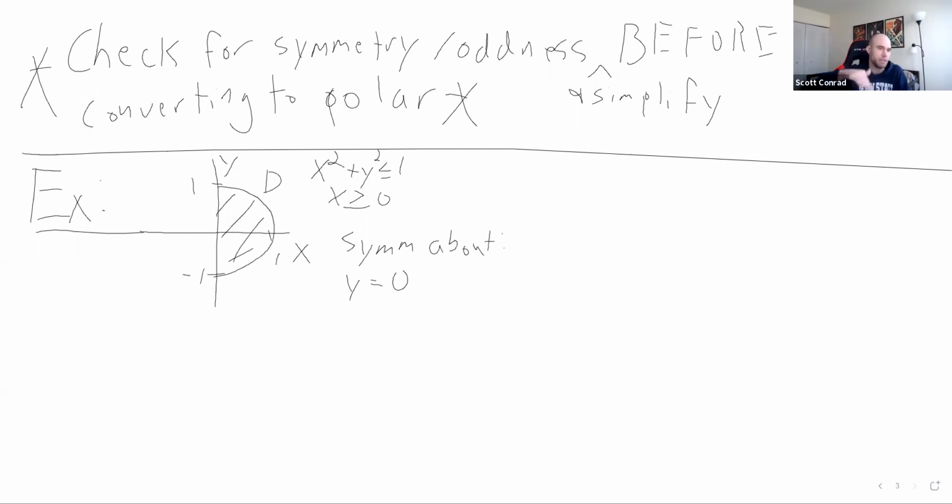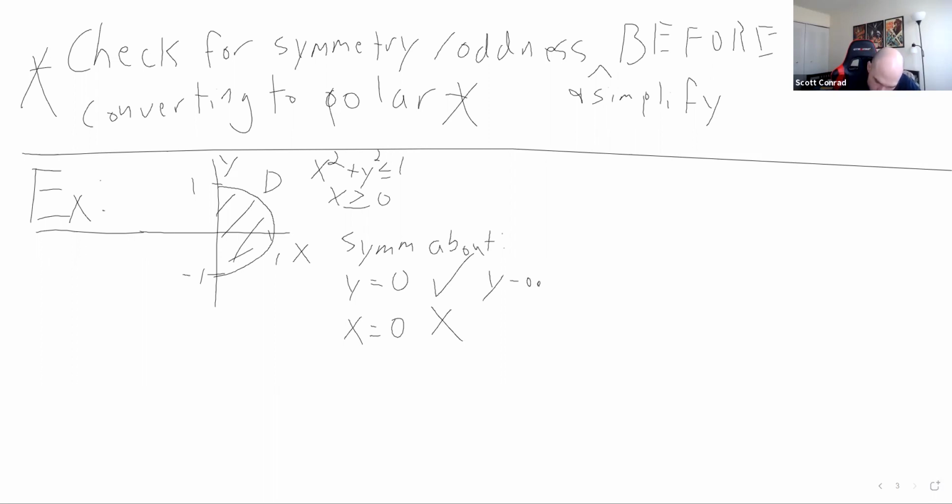It's a mirror image above and below y equals 0. But not in the x direction. It's not a mirror image to the left and right of x equals 0.